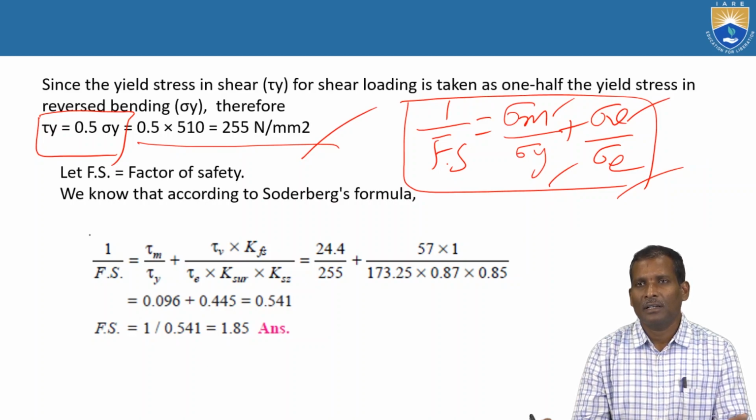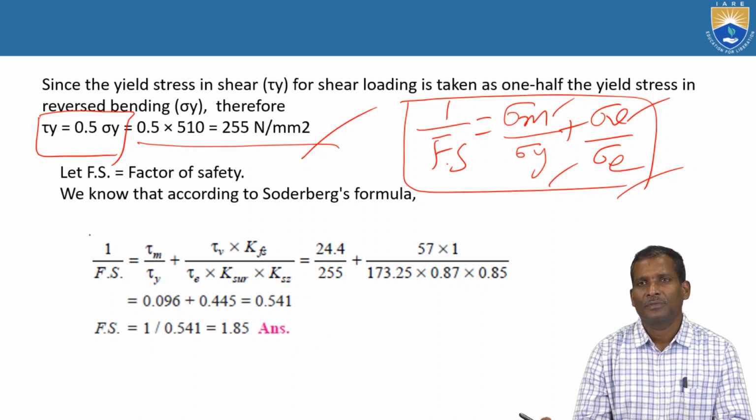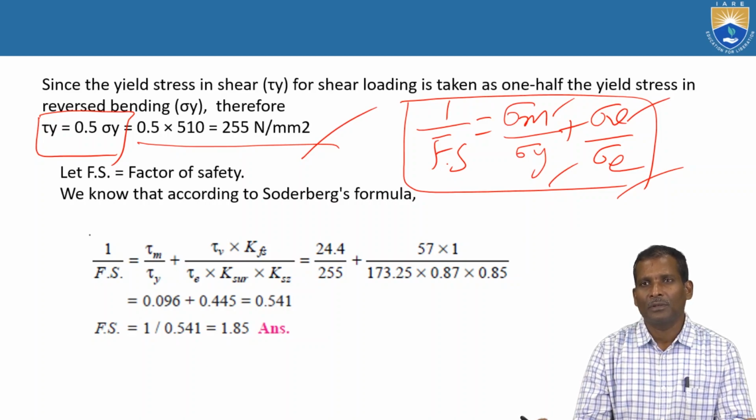But here the given load is a torsional load. So due to the torsional load, shear stress will be induced in the object. That's why we have calculated shear stress by using the torsion formula. Now this equation may also be written in terms of shear stress.